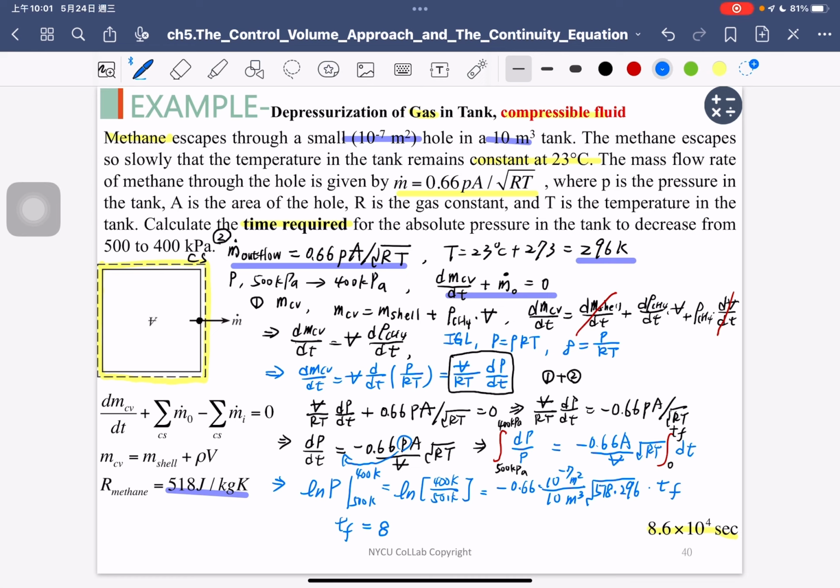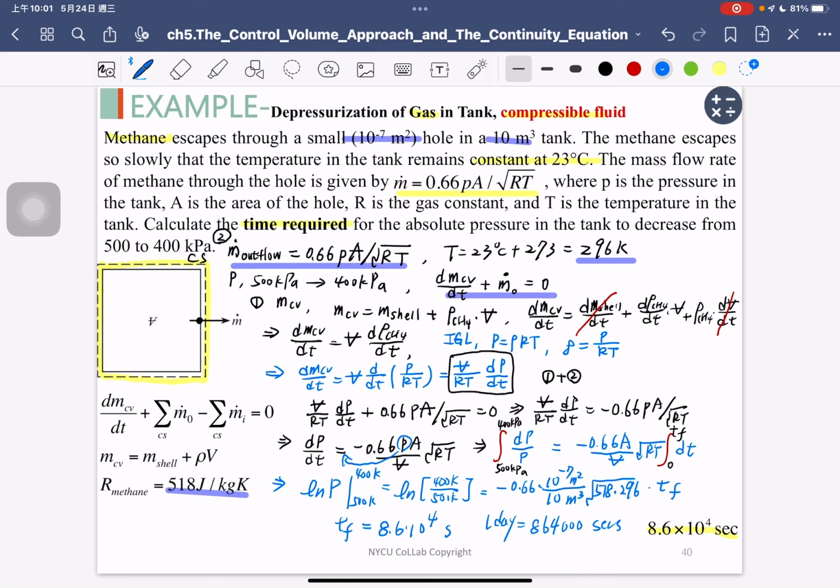So it's 8.6 times 10^4 seconds, because we know 1 day in seconds is equal to 86,400 seconds. Okay, so the time required is almost 1 day for the pressure inside the tank to go from 500 kilopascal to 400 kilopascal.